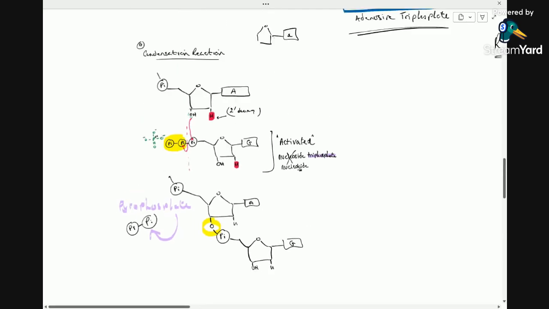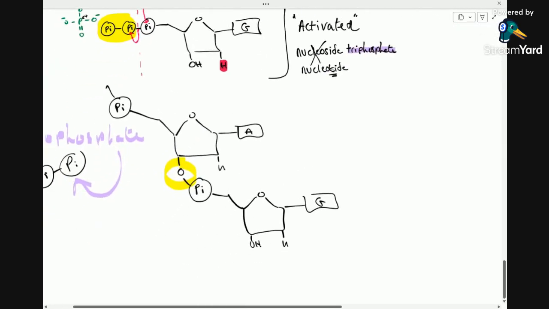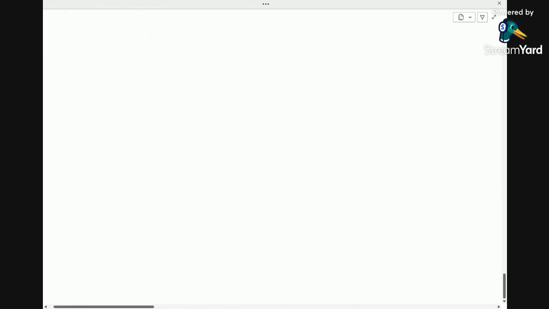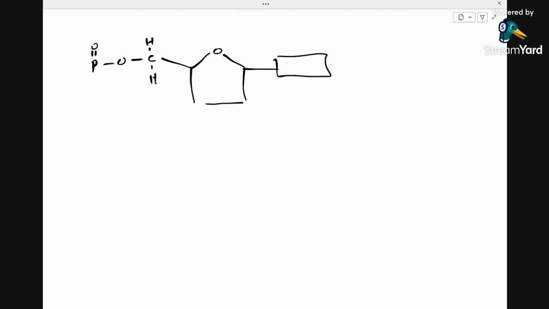In terms of what this actually achieves, I'm just going to draw it again, but in a bit more detail. So let's imagine a phosphate group here, and I'm going to draw my sugar. It's deoxyribose. So there we go.